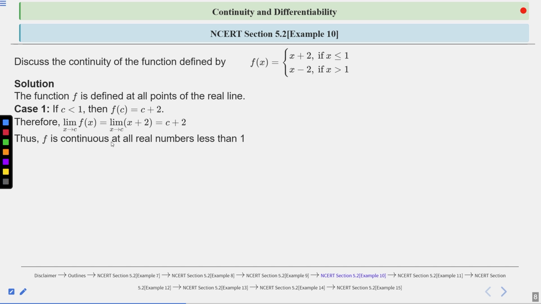Case 2: if c is greater than 1, then f(c) will be equal to c minus 2.